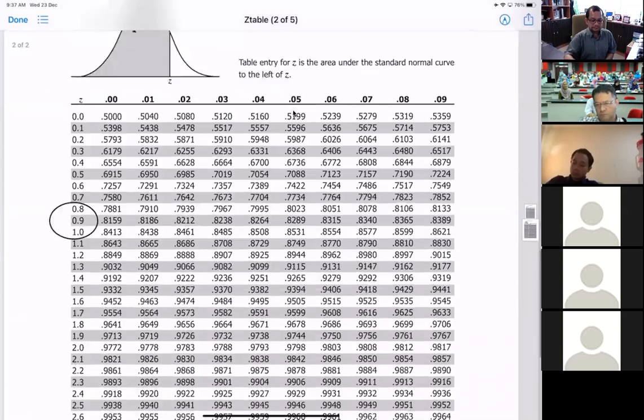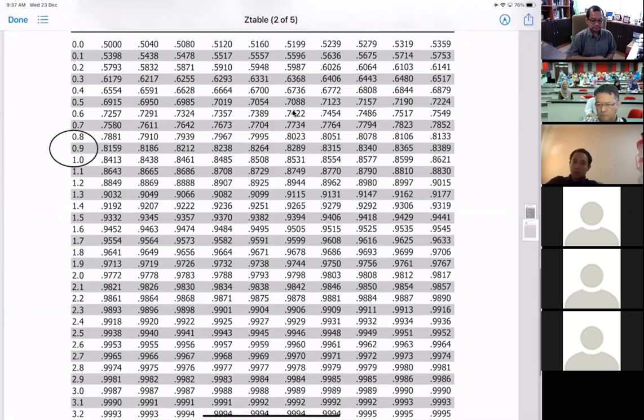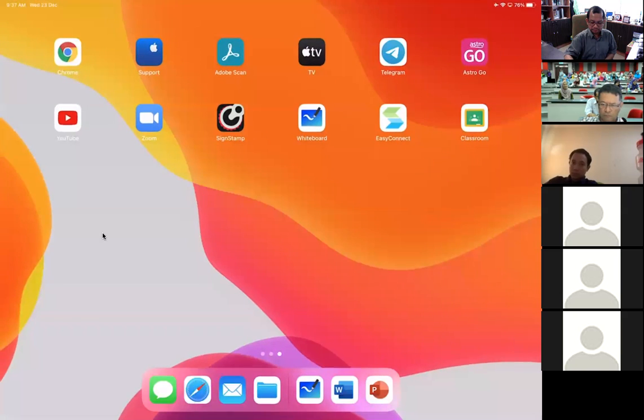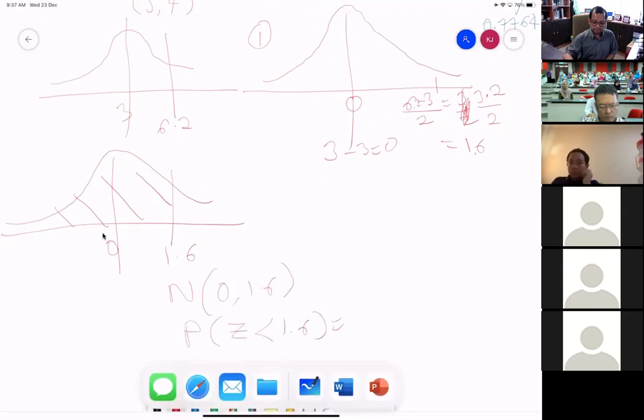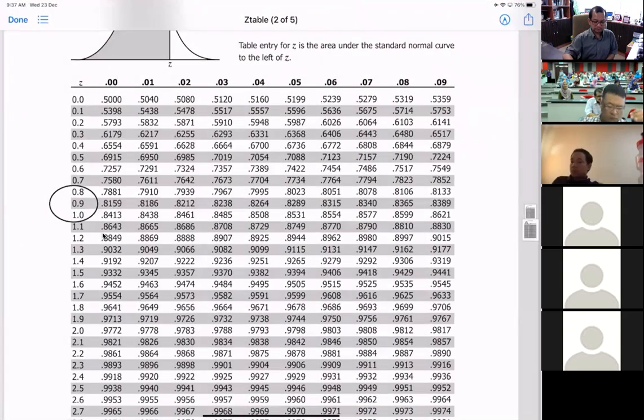Okay, 1.6. 0.9452. So the probability of Z less than 1.6 is equal to 0.9452.